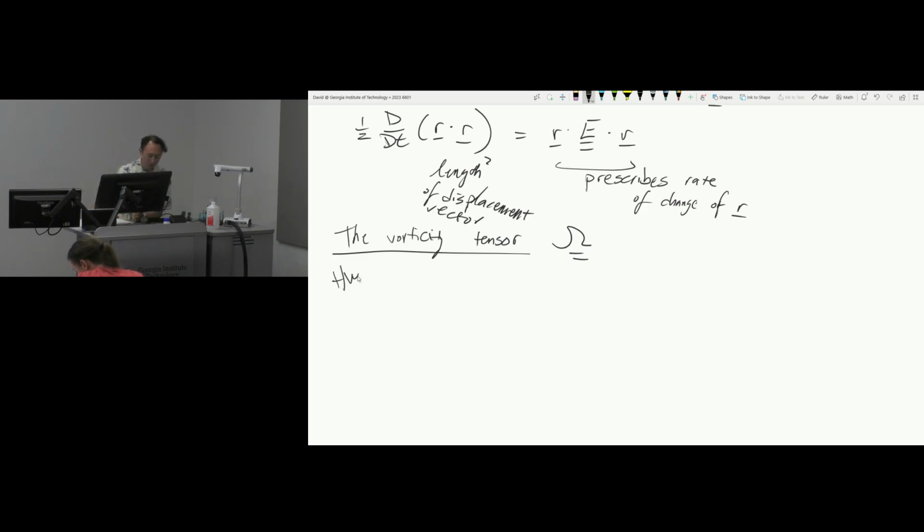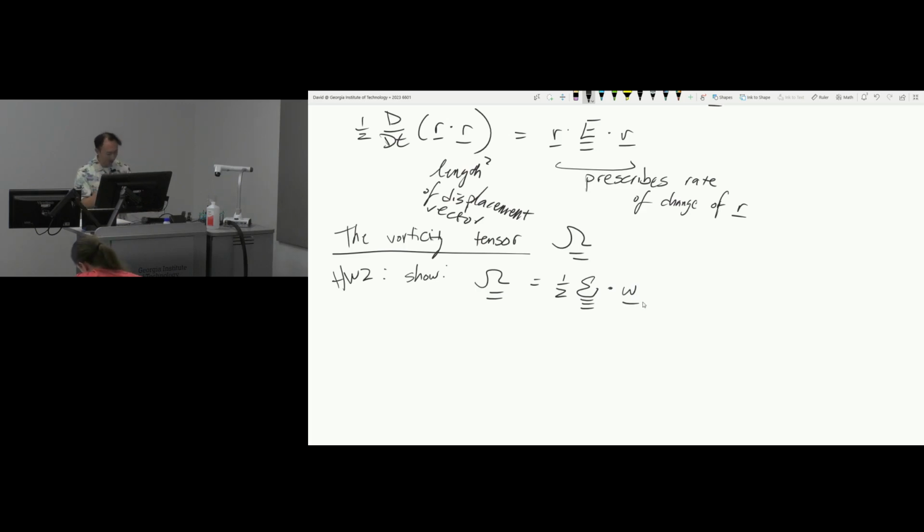So in your current homework, you're going to show that omega, and I kind of drew it pictorially, has all the information of vorticity, where basically you have the permutation tensor dotted with the vorticity.